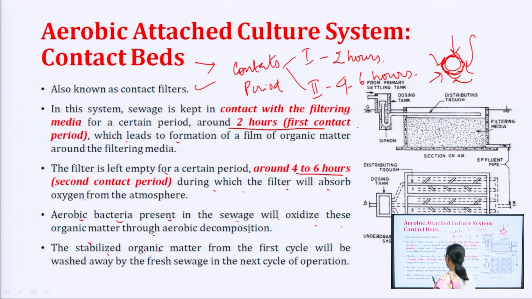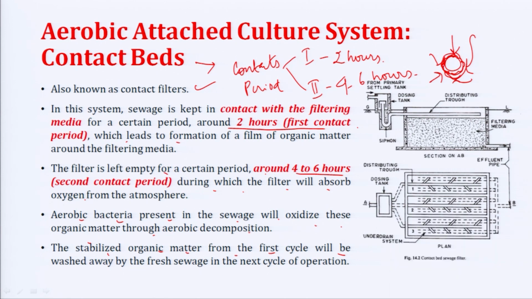The stabilized organic matter from the first cycle will be washed away by the fresh sewage in the next cycle of operation. So, the sloughing is going to take place, right.